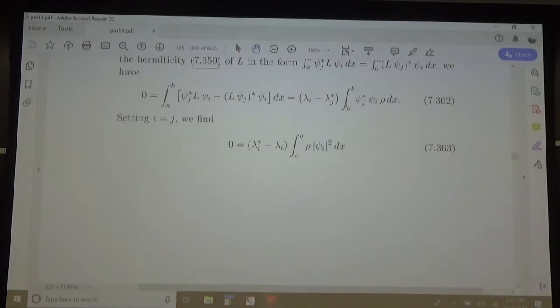If we set i equal to j, then clearly this left-hand side vanishes, and so we get the equation that the ith eigenvalue has an imaginary part that vanishes, and it vanishes because the function psi i is normalized, so that coefficient is not 0.